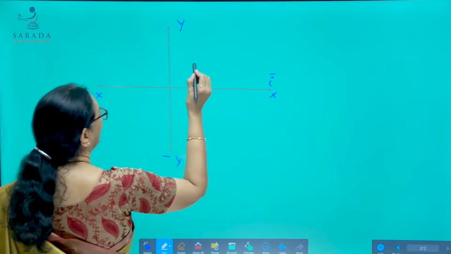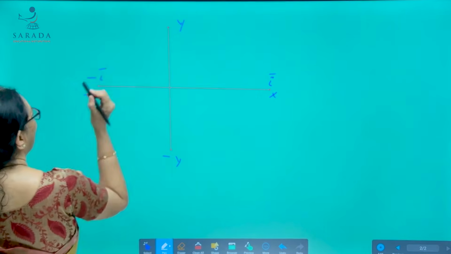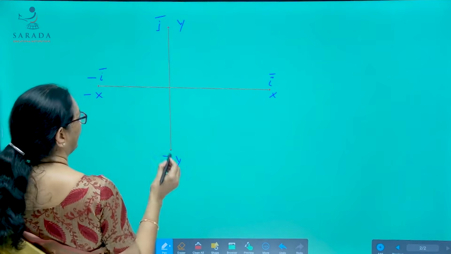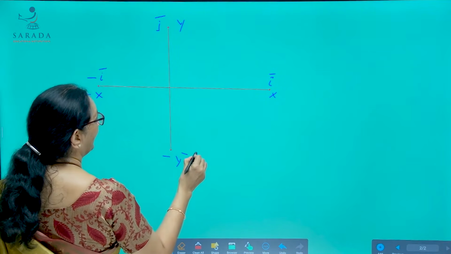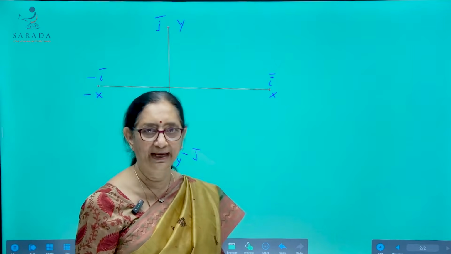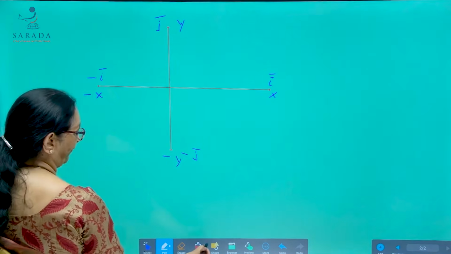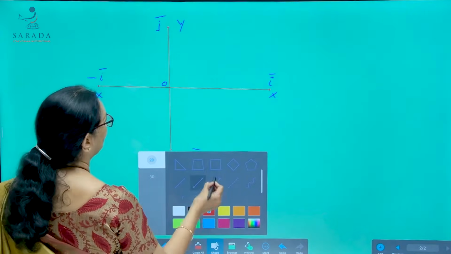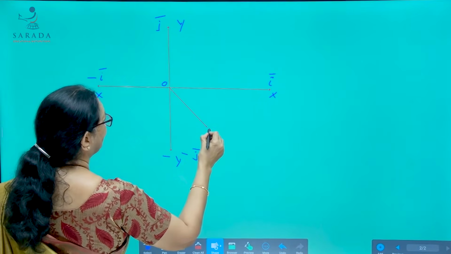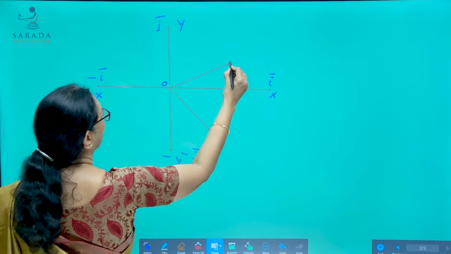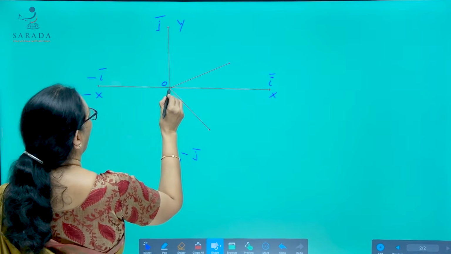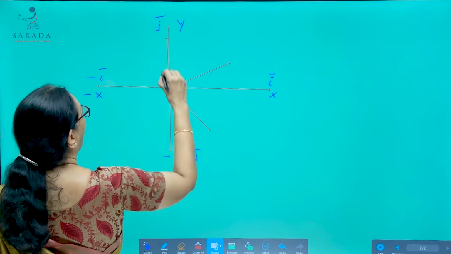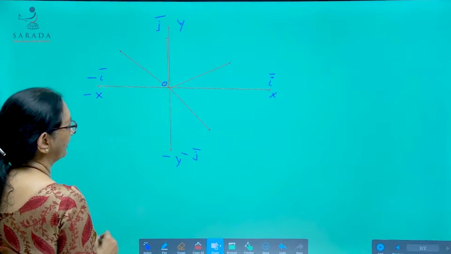I bar is the unit vector along x-axis, minus I bar is the unit vector along negative x-axis, J bar is the unit vector along positive y-axis, minus J bar is the unit vector along negative y-axis. Here, a number of forces simultaneously acting on the point O are represented like this. One force is acting along this direction, another along this direction, another along this direction, and another along this direction.